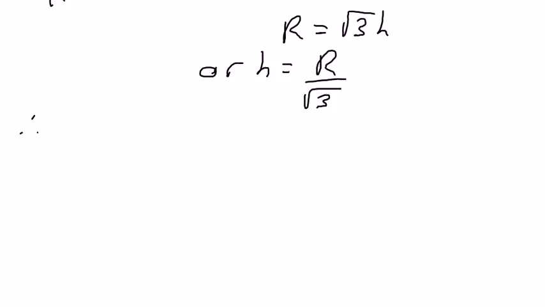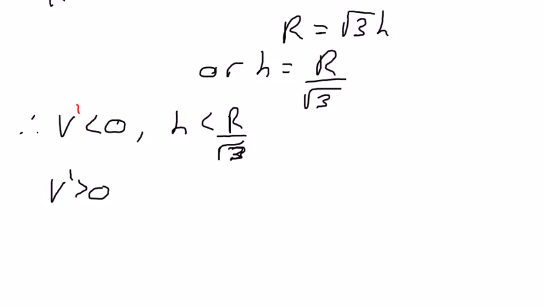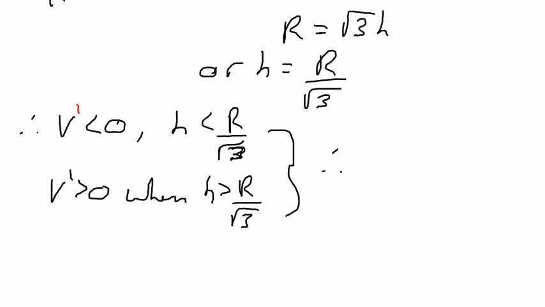Therefore, V prime is less than 0 when h is less than big R over the square root of 3, and is greater than 0 when h is greater than big R over the square root of 3. So coming from this, we can tell that when h is equal to this, it's an absolute max.